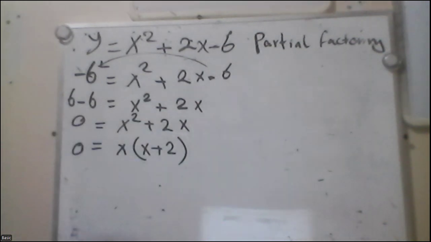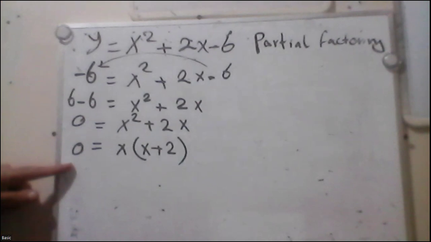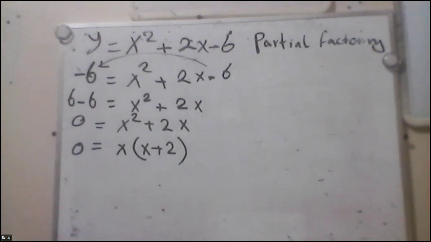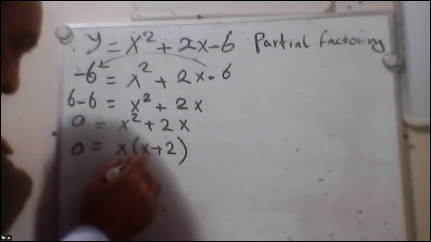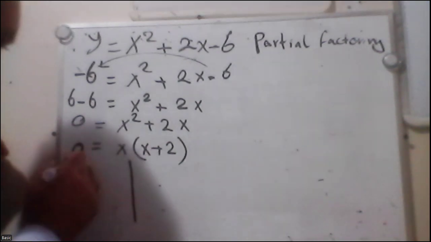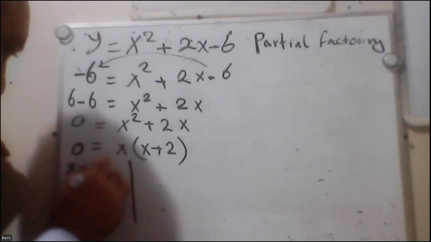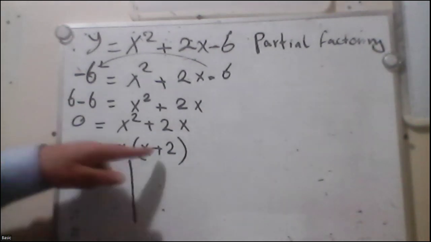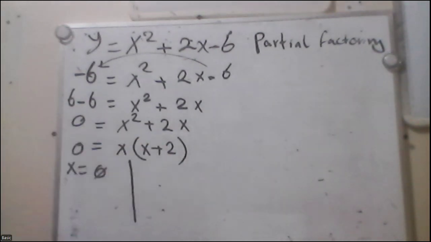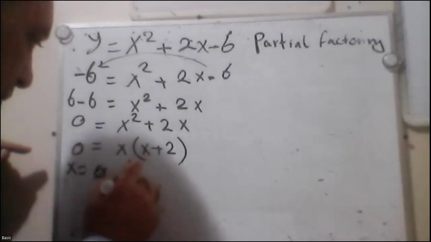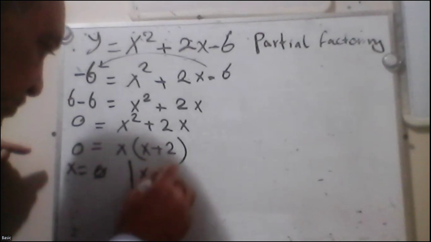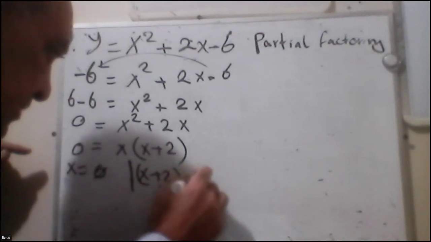Then I'll move forward. I have two things now. I have one of two things right now, the intercepts. x will equal 0, because this multiplied by this will equal 0. So x will equal 0, or x plus 2 will equal 0.